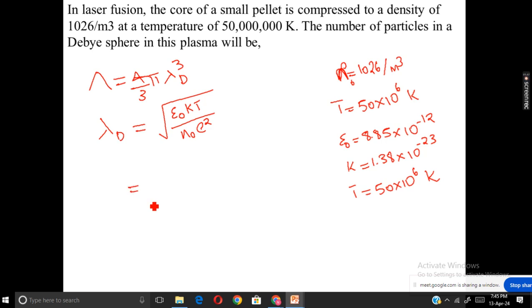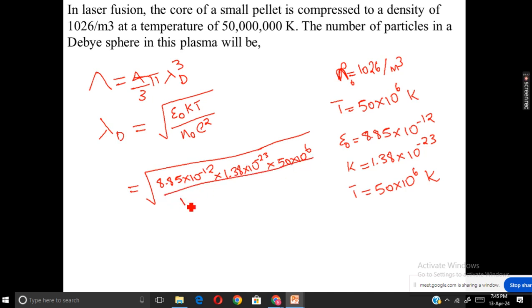So if we substitute, it will become root of 8.85 into 10 raised to minus 12 into 1.38 into 10 raised to minus 23 into 50 into 10 raised to 6, divided by n0 into e, which is 1.6 into 10 raised to minus 19, the whole square.